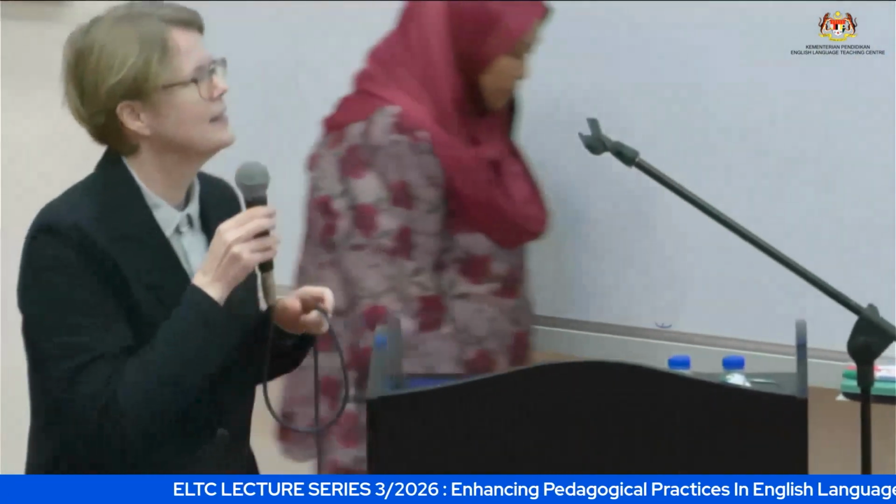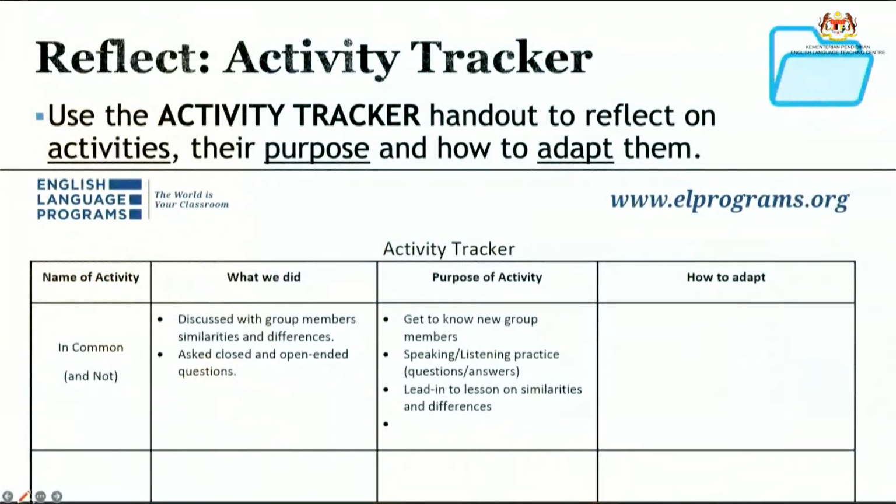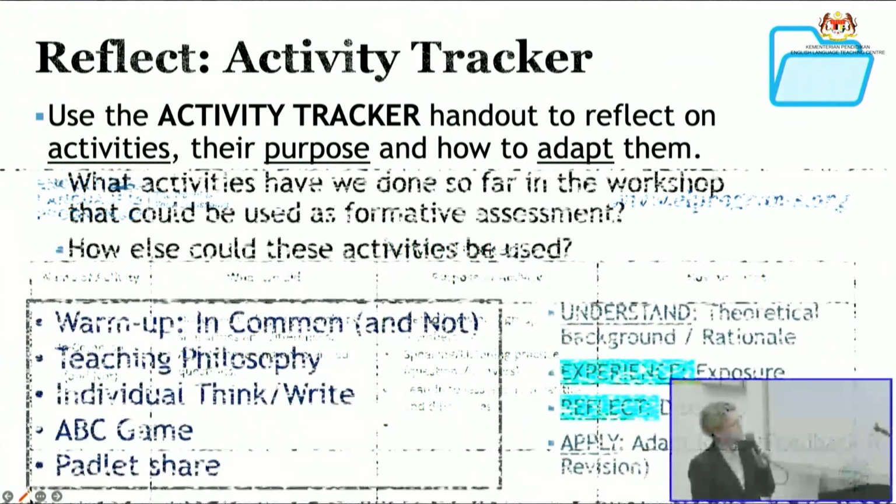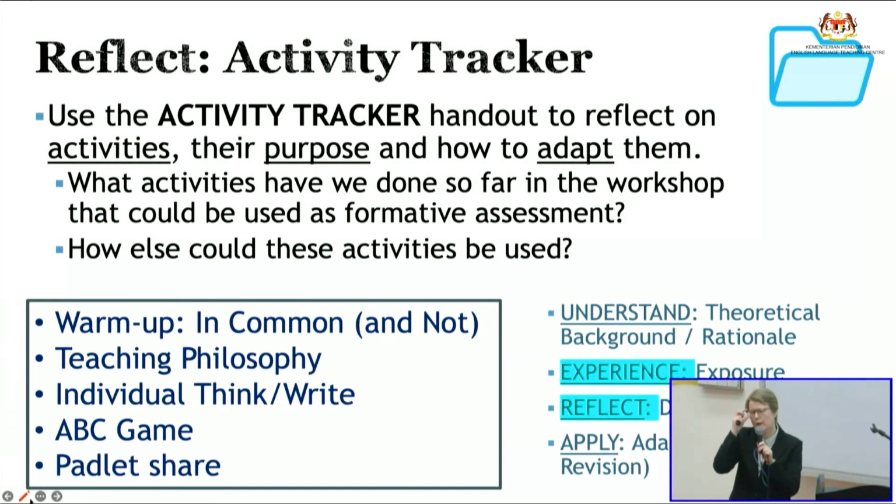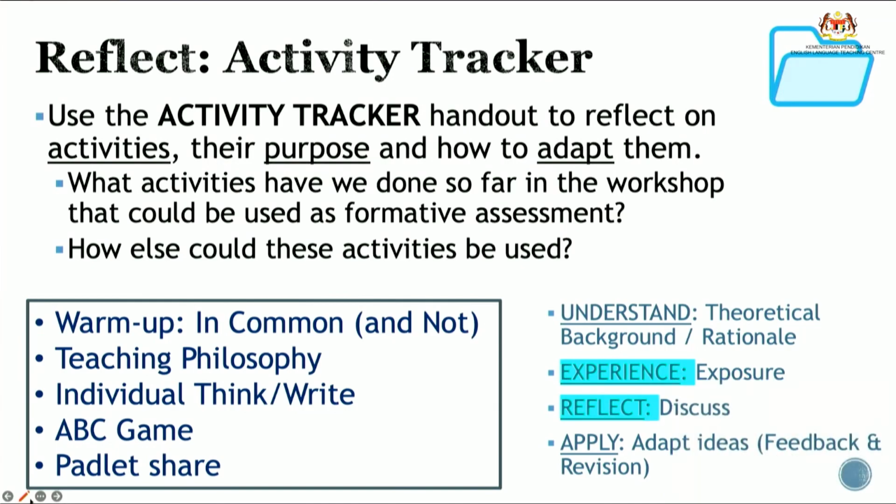Okay, you have one more item in your folder here that I've provided. This is an activity tracker. So it looks like this. When conducting workshops where a lot of different activities are involved, or if you're doing it for teachers where a lot of these activities might be new for them, I find it helpful to have some form where they can reflect on the activities that they've experienced.